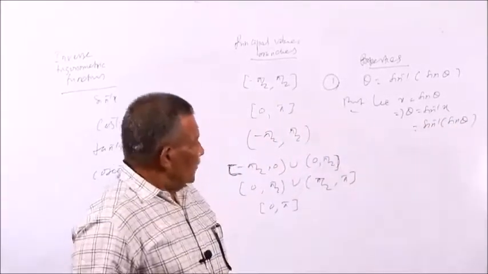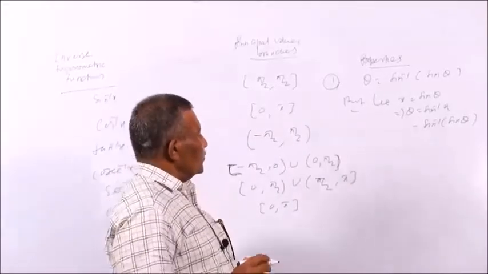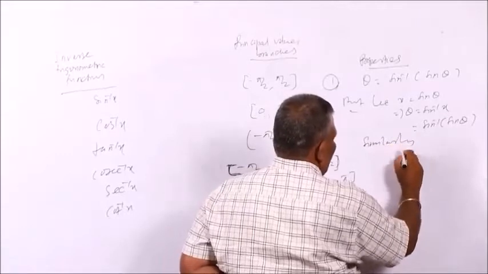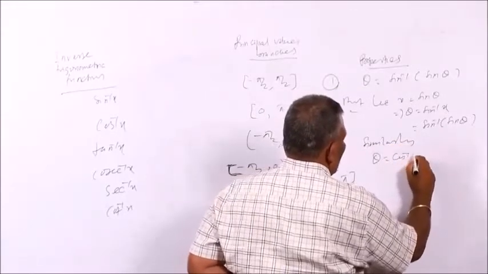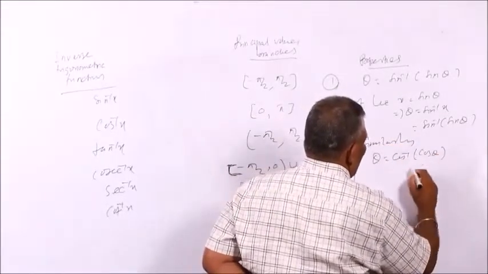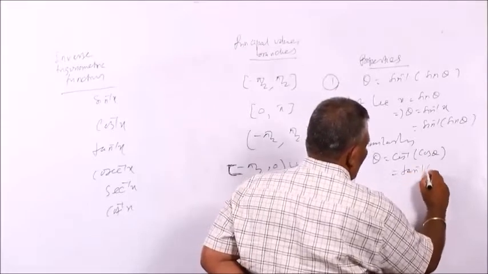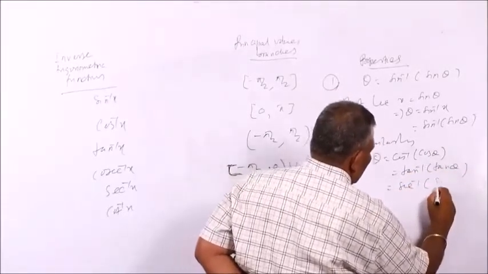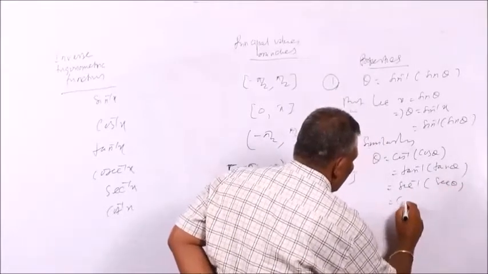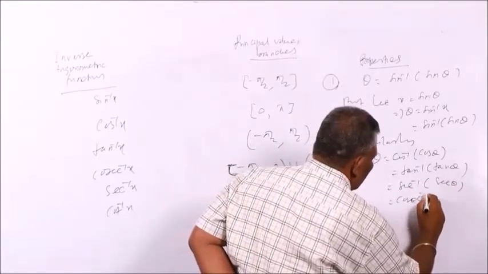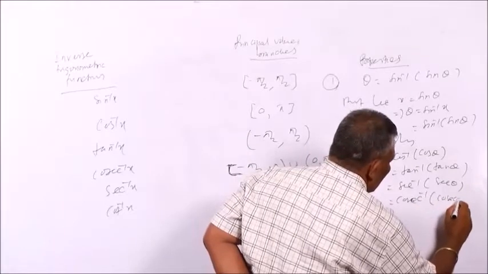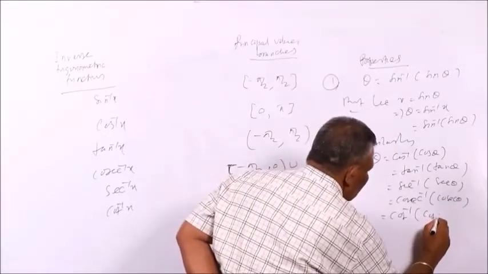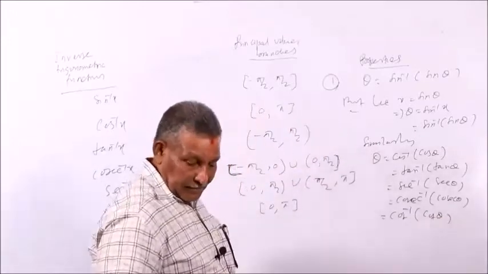So theta equals sin inverse sin theta. Similarly, we can write theta equals cos inverse cos theta equals tan inverse tan theta equals sec inverse sec theta, cosec inverse cosec theta and cot inverse cot theta, like this.